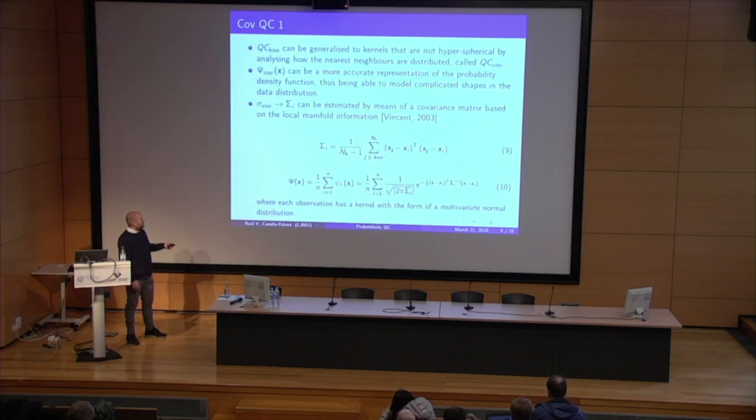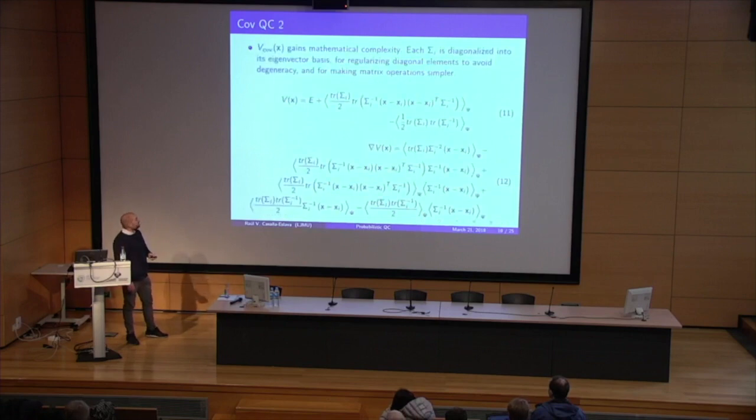The problem here is that the wave function is more accurate, and the density estimator is very accurate, but it adds some complexity in the potential, because we have to deal with traces and the calculus. It's a bit complex, but it can be dealt with in any program. It's not a problem, but we have to be careful with the covariance matrices to avoid degeneracy.